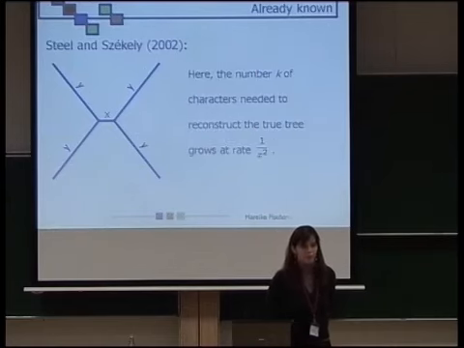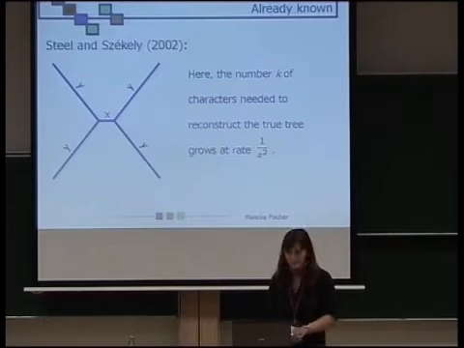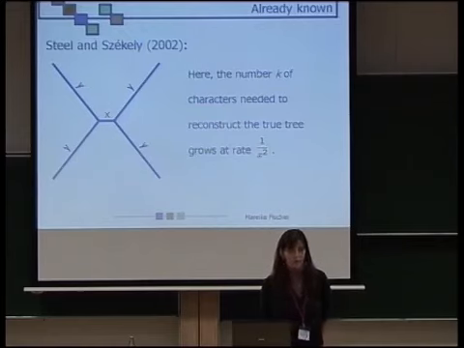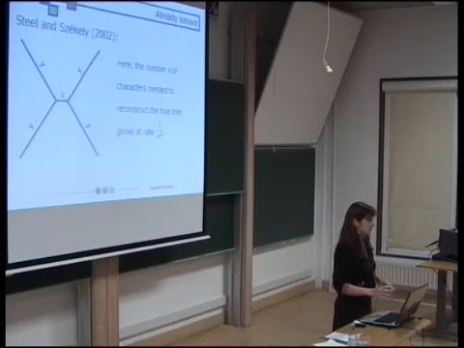For instance, in 2002, Mike Steel and Laszlo Szekely investigated the 4-taxon case, where you have a short interior branch of length x and the 4 pendant edges of length y. And they found that the number k of characters needed to reconstruct the true tree grows at a rate of x to the -2.